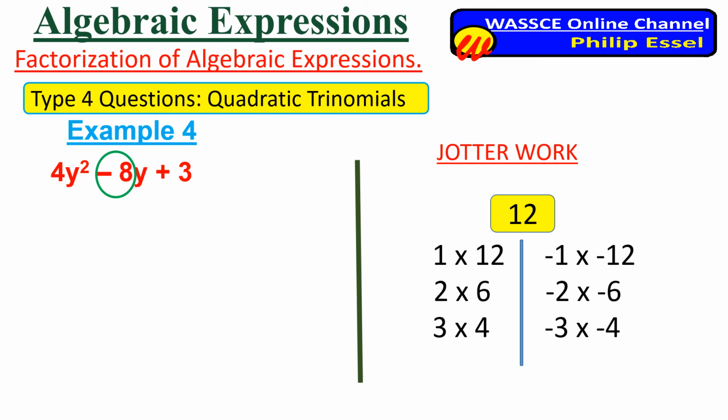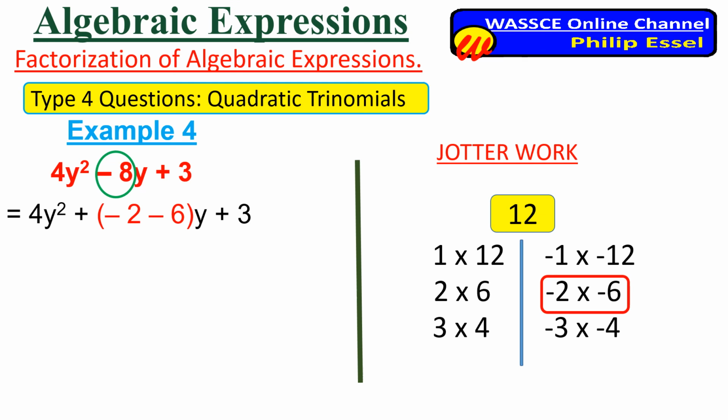When you go through them carefully, you would realize that the pair negative 2 and negative 6 would add up to negative 8. So we are going to choose those two numbers and use them to replace our negative 8 in the next step.